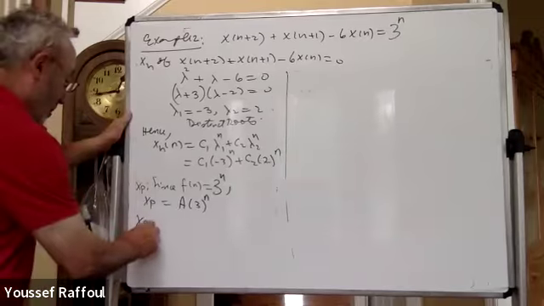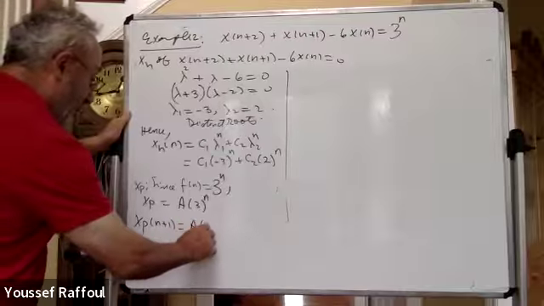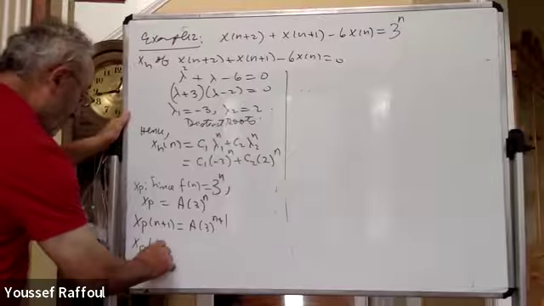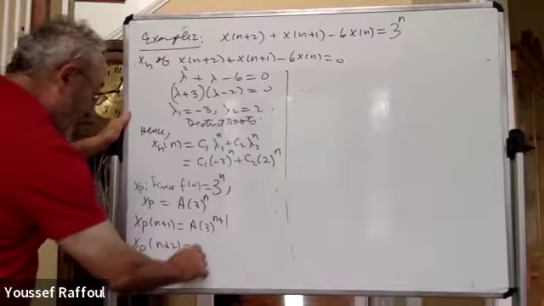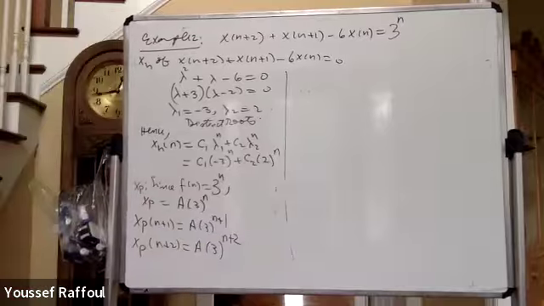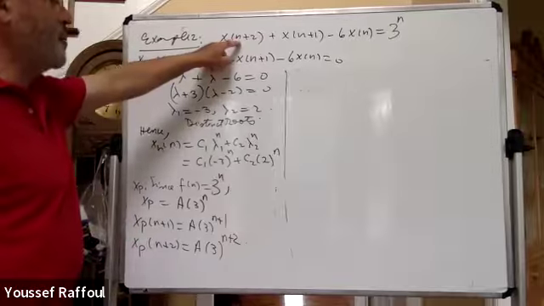So x_p of n plus 1 is a times 3 to the n plus 1, and x_p of n plus 2 equals a times 3 to the n plus 2.